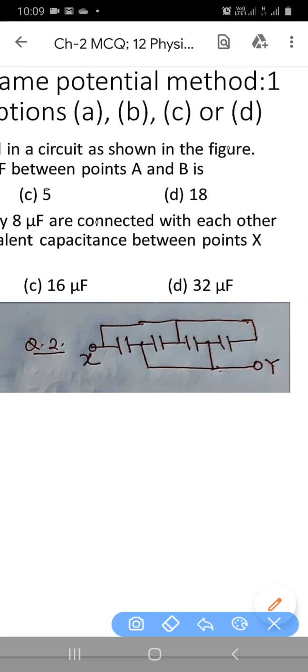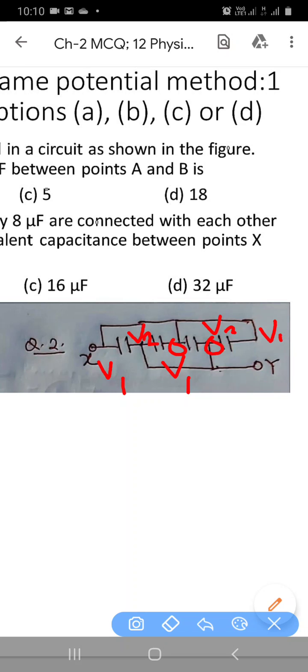So here if I take V1 as the potential connected with X, this point also will have the same potential V1, and here I take V2, so this point also has the same potential V2, and this one is V1.